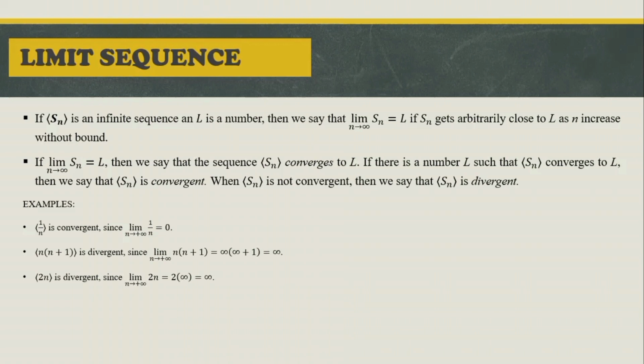Next is the infinite sequence of 5n plus 3 over 7n minus 4, which is convergent since the limit of 5n plus 3 over 7n minus 4 as n approaches infinity is the limit of the quantity 5n plus 3 times 1 over n, over the quantity 7n minus 4 times 1 over n, as n approaches infinity.